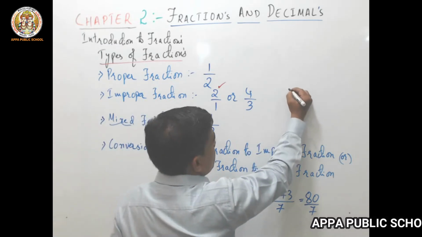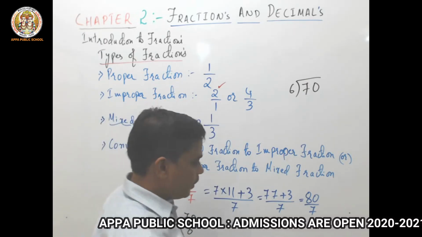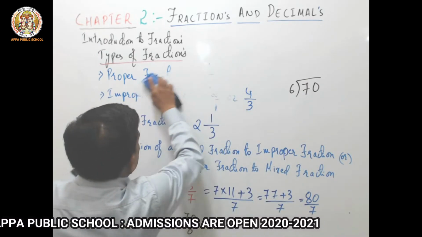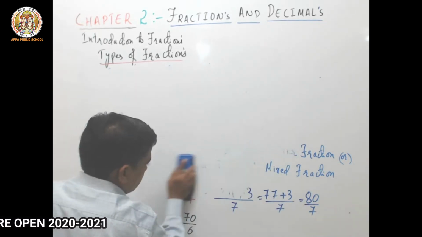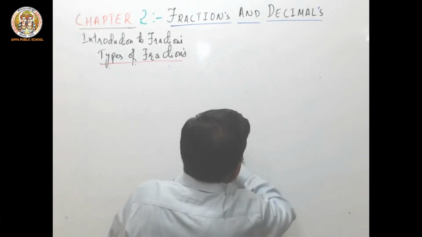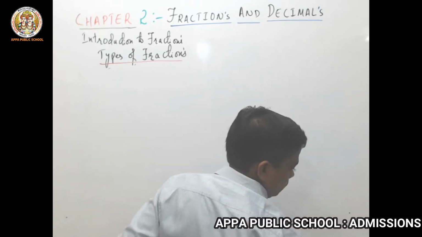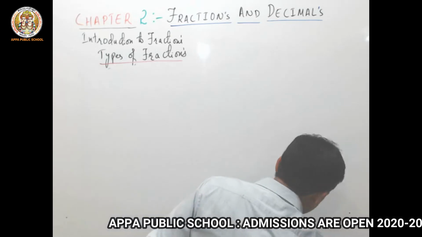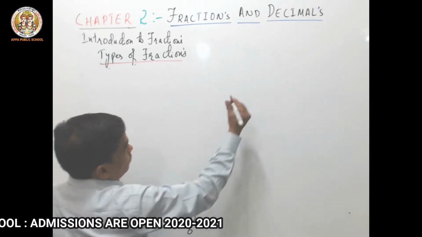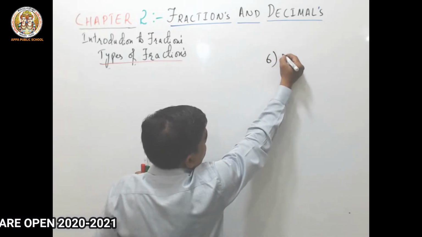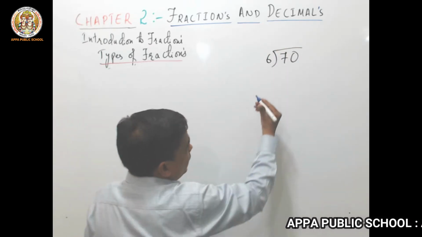So I will divide 70 by 6. Here I will go with the 6 table.